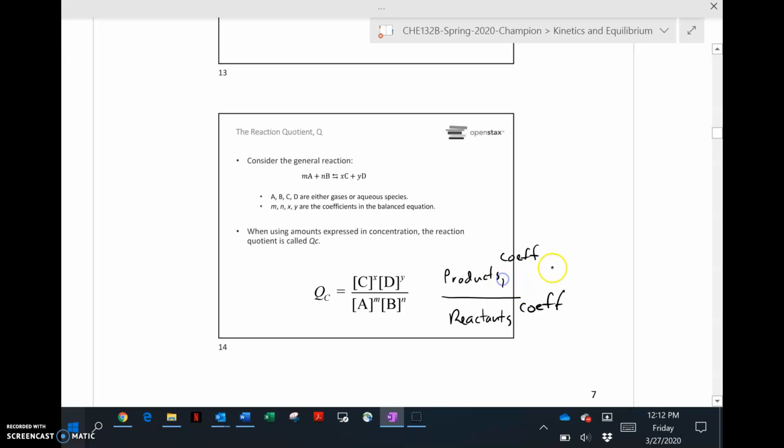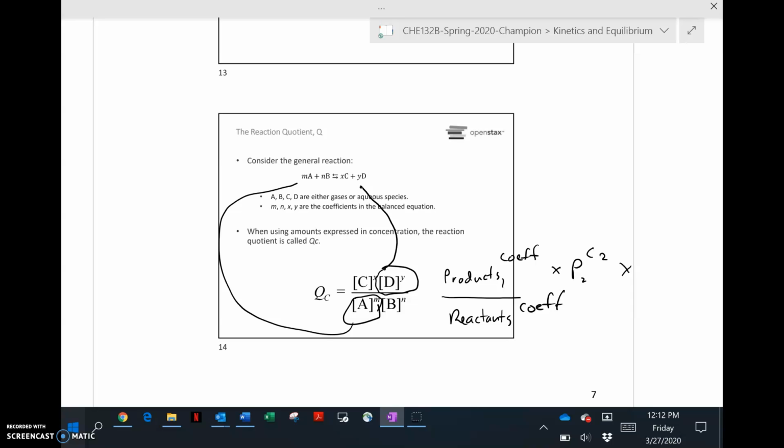So product 1 times product 2 to its coefficient 2, and so on, however many you have. So you see here for mA plus nB, here's A to the m. This shows up here coming from that, and then up here this D to the y comes from yD there. So that's the reaction quotient.